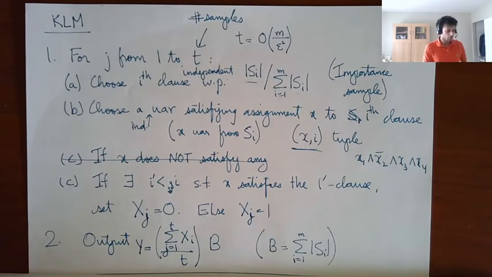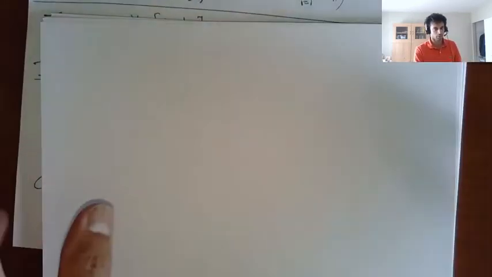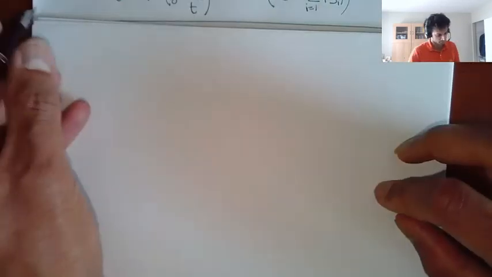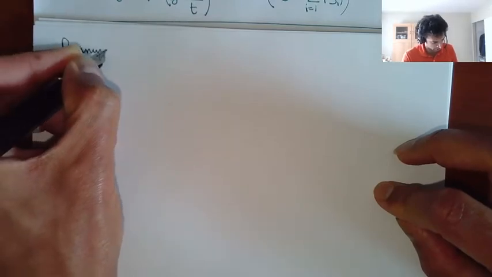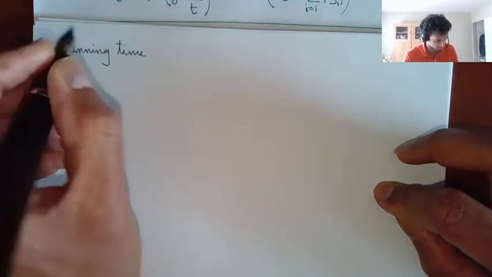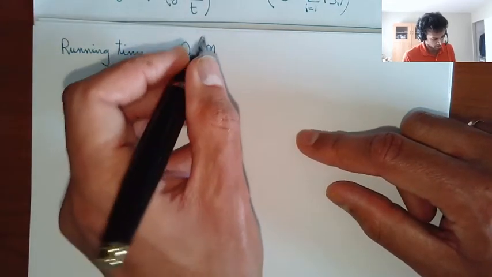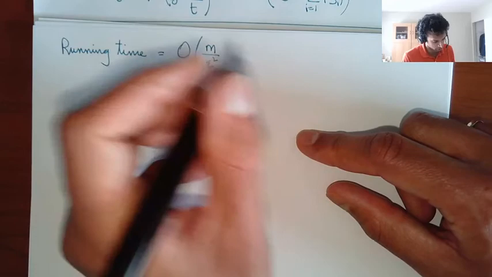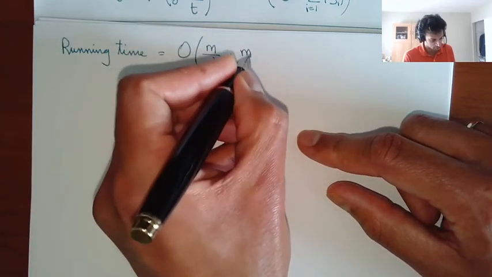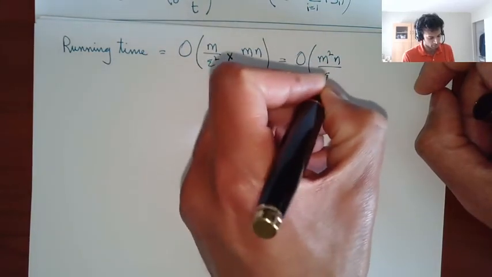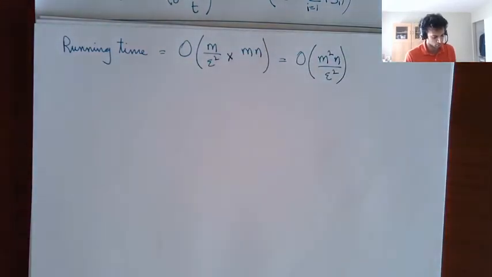So what you get is a total running time. The running time is O of m divided by epsilon squared, that's the number of trials, times m times n, which is O of m squared n divided by epsilon squared. Does that make sense?